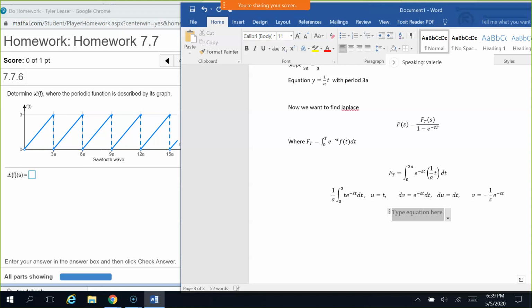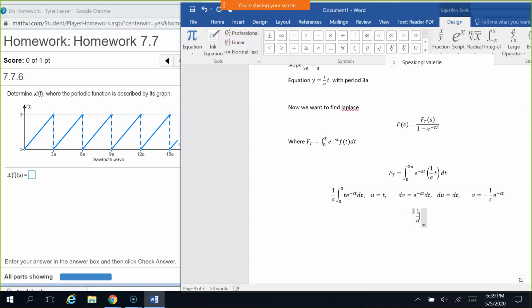Plugging that in, we still have the 1 over a out in front. And then the integration by parts is u times v, so negative t over s e to the negative st, minus the integral of v du. So just negative 1 over s e to the negative st dt.